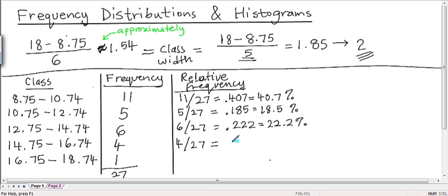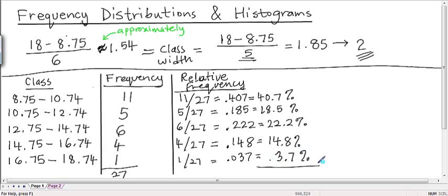So that's 4 out of 27 is 0.148, which is 14.8%. And then 1 out of 27 is 0.037, which is 3.7%.